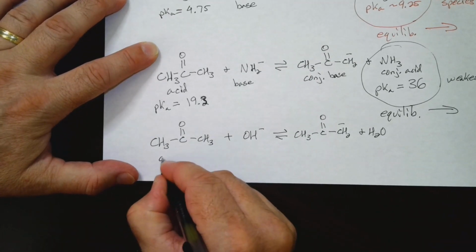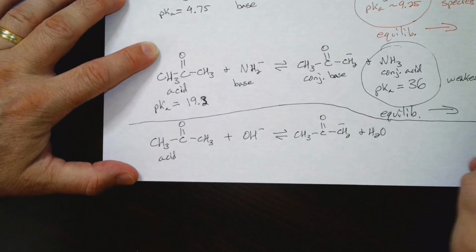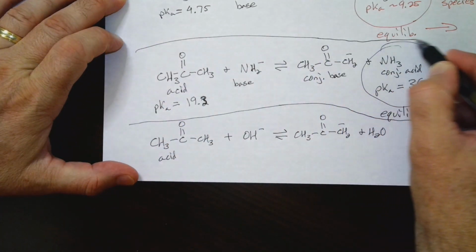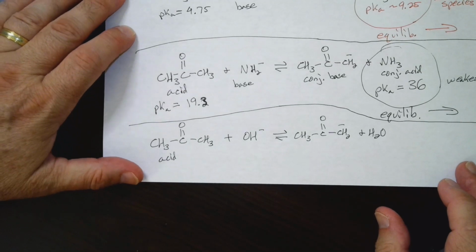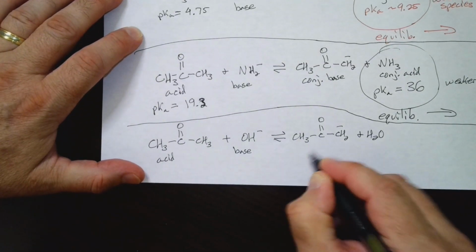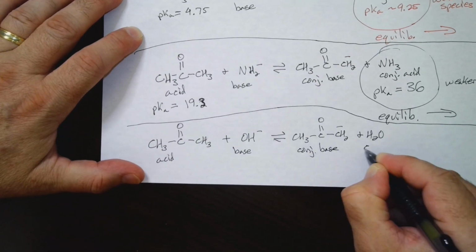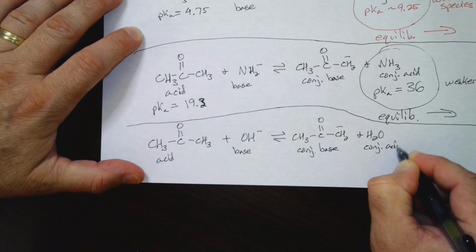Okay, so I've got my acid. Let me kind of set this aside here. Let's draw those, make those a little easier to read. All right, my acid, my base, my conjugate base, my conjugate acid.